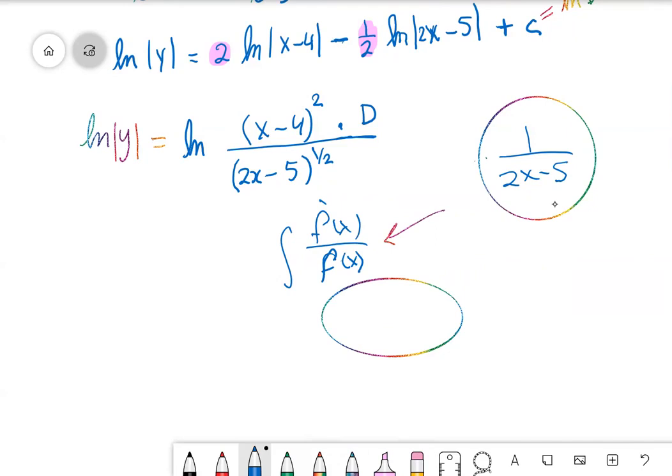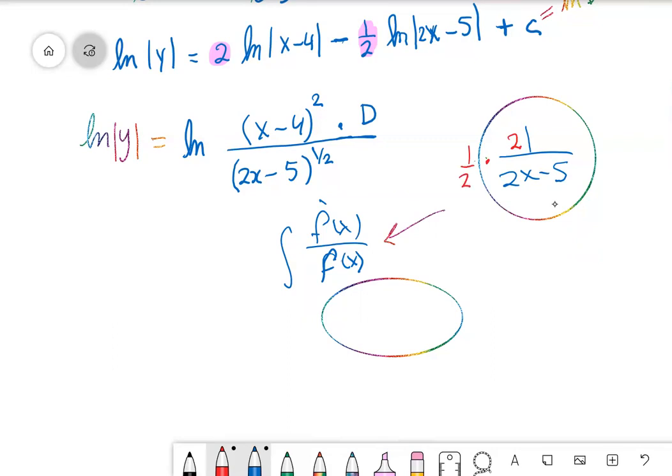It is 2. I'll write it in red. The derivative for 2x minus 5 is 2. And because we can't just put 2 from nowhere, we need to divide by 2 to balance it. It's like multiplying by 1. So we multiply by 1/2.